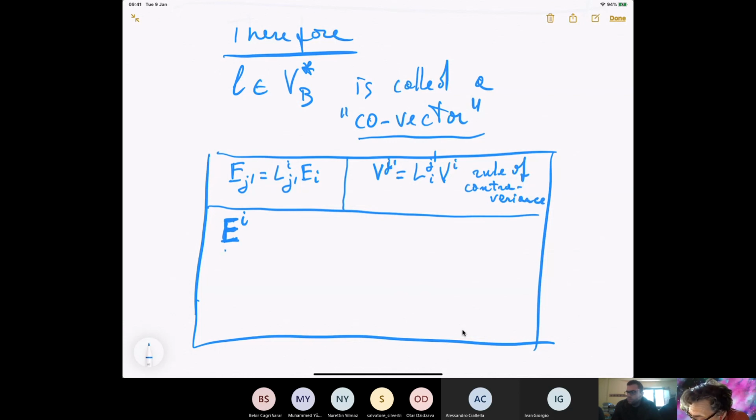This is the basis of the covectors space, which is equal to L_ij' e^j'.